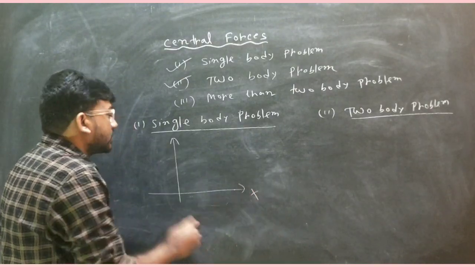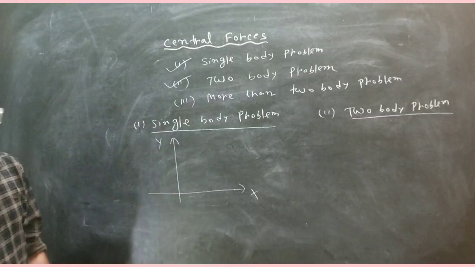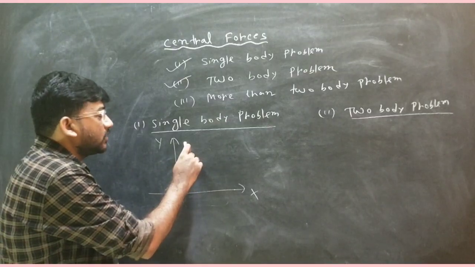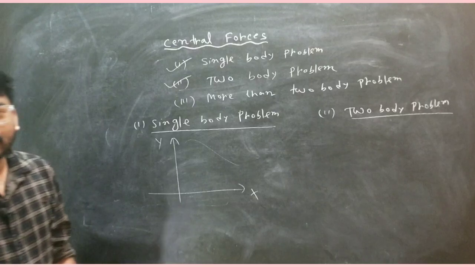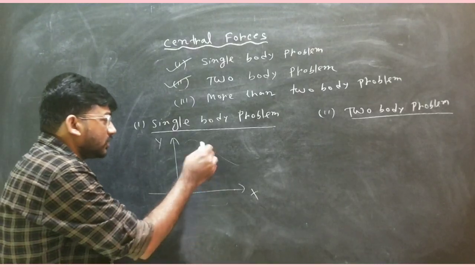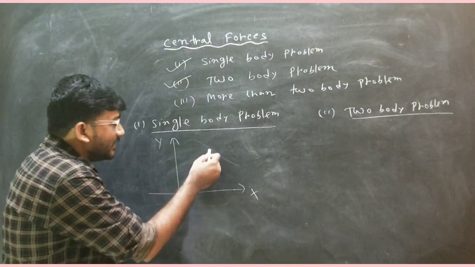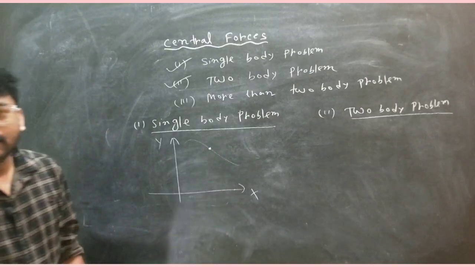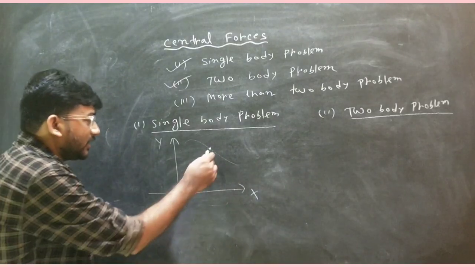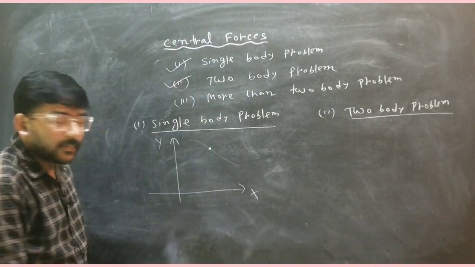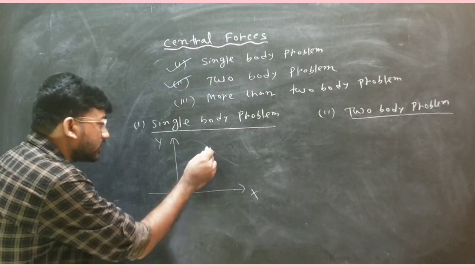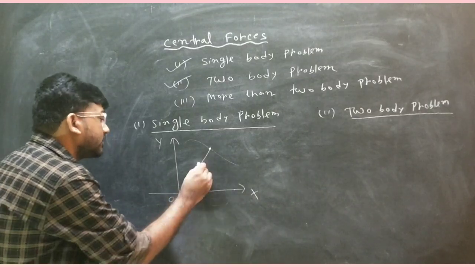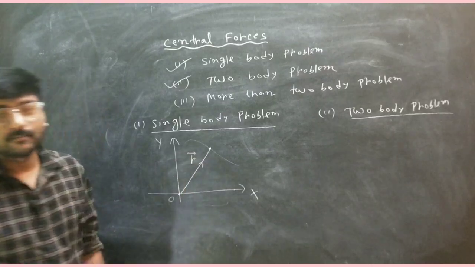Suppose this is the x axis and this is the y axis, and a particle is moving in this plane such that at any instant of time the particle is here, and the radial distance from the origin to this point is r. So its position vector you can write as r.